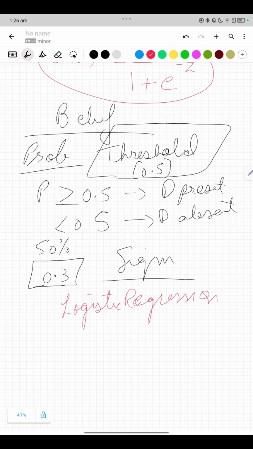Now, like I previously mentioned, despite the name, this logistic regression is not used for regression. It's basically used for classification. It's not used for generating continuous values, because we saw at the end we get probabilities. So basically what does it do? It learns how the input features are affecting the probability of one particular outcome, right?